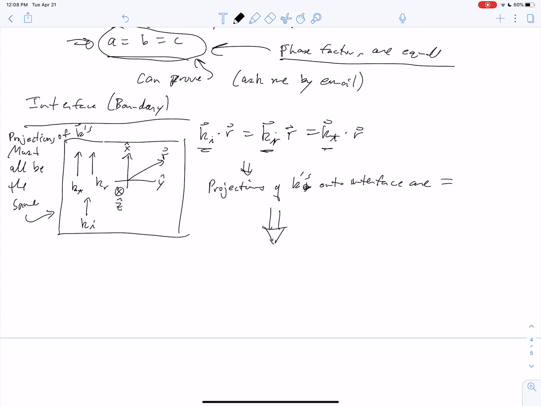When I say the k's, I mean for the incident wave, reflected wave, and transmitted wave, the k's must all lie in the same plane.